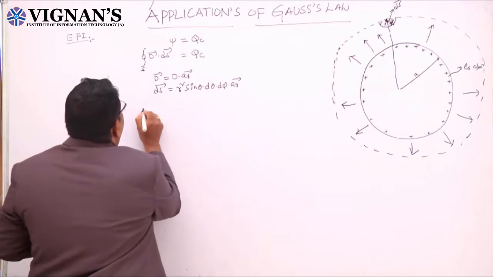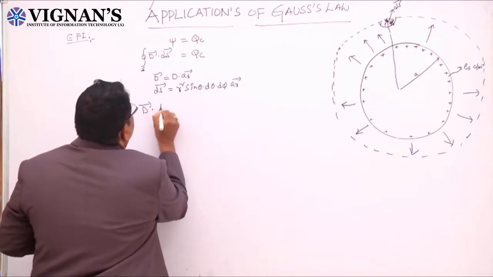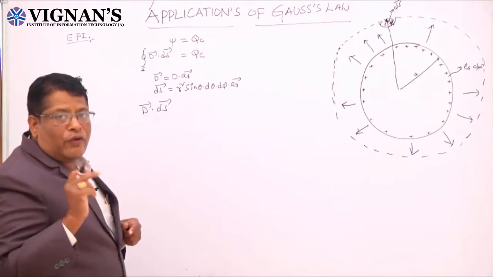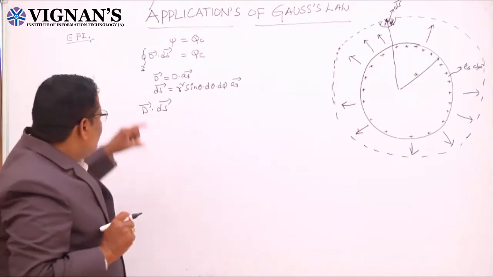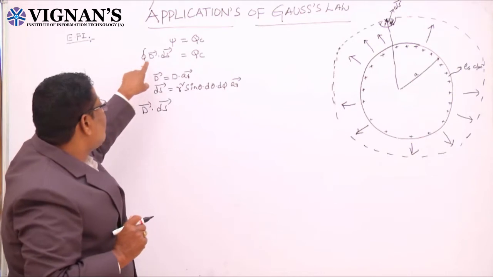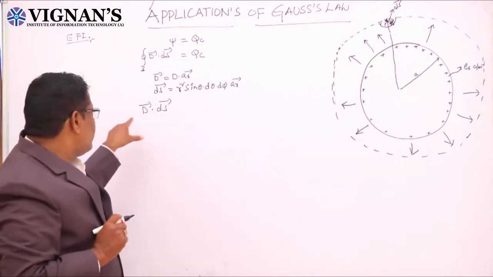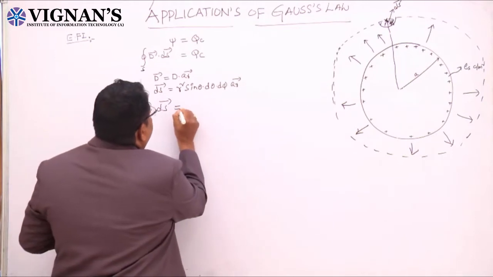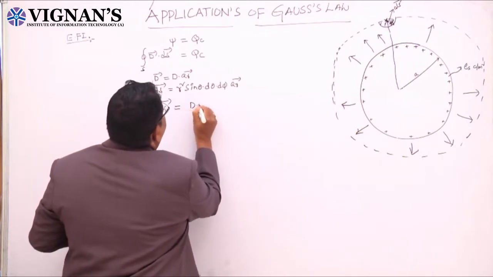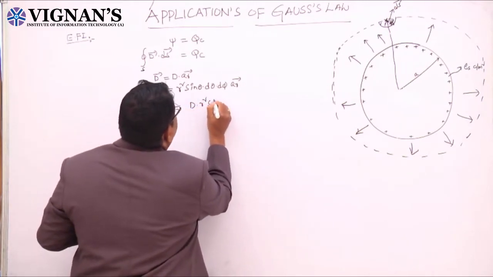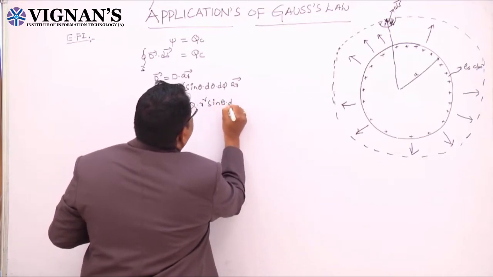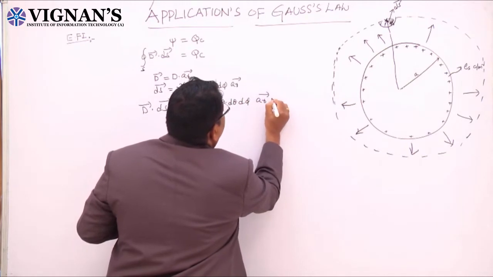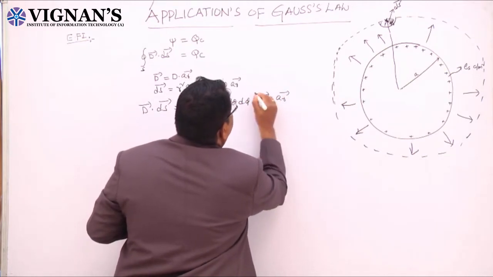Now we are finding D bar dot ds bar, because we want to find the surface integral of D bar dot ds bar. If you find D bar dot ds bar, it is D r square sin theta d theta d phi a r bar dot a r bar.